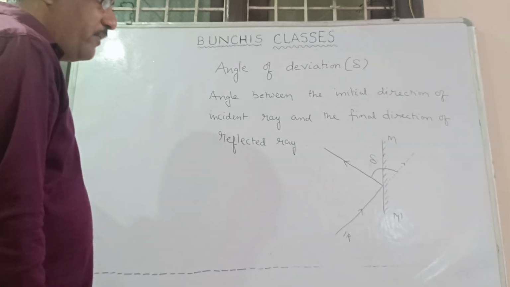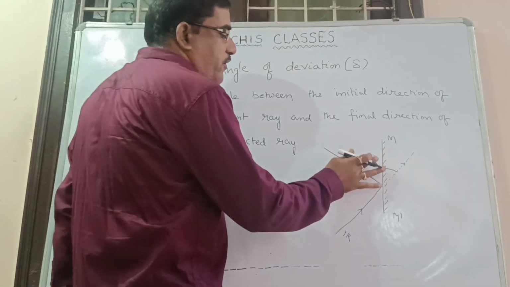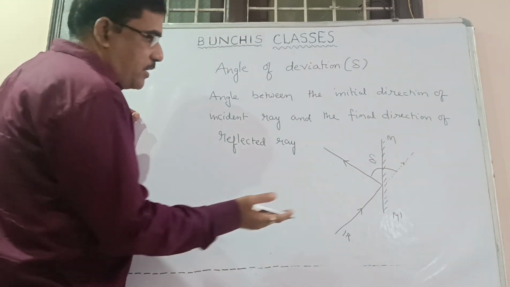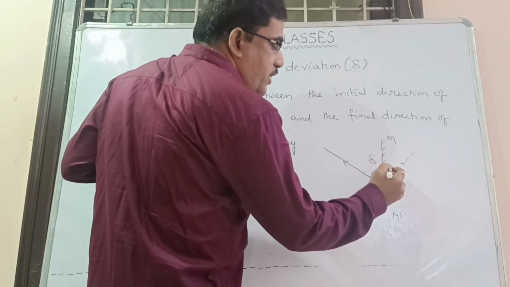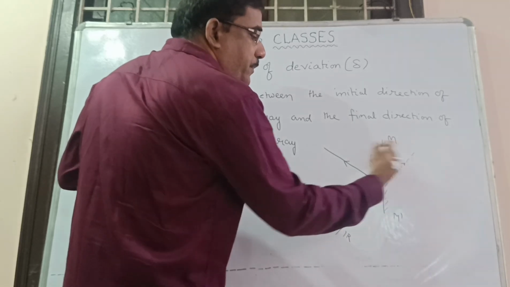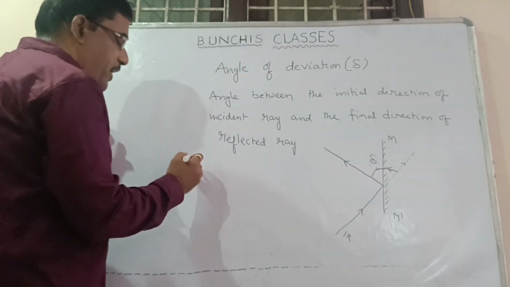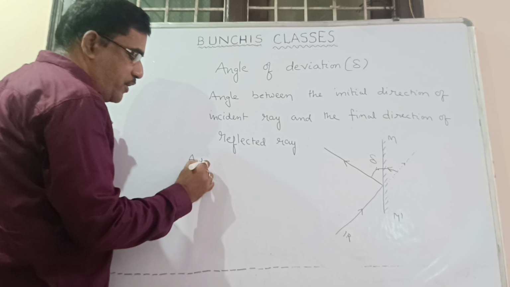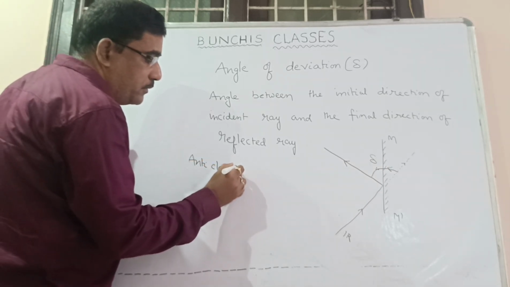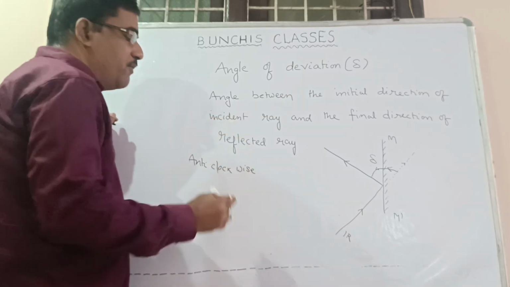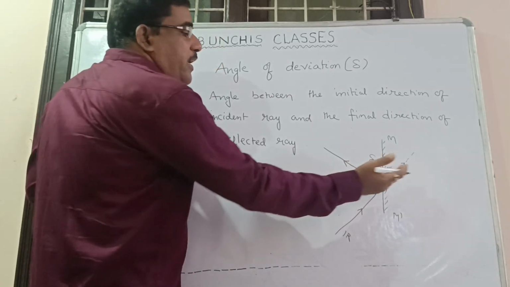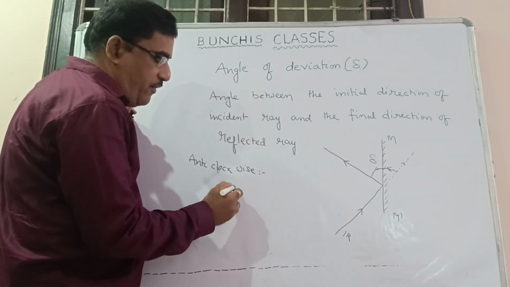Then how to find the angle of deviation? Angle of deviation can be found in two ways, clockwise and anti-clockwise. We are measuring this angle in the anti-clockwise direction first. Let the angle of deviation in the anti-clockwise direction be delta 1.